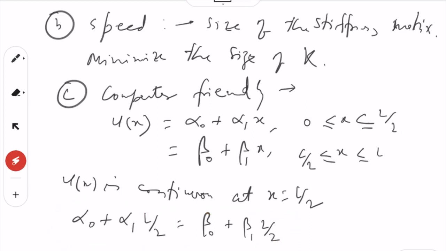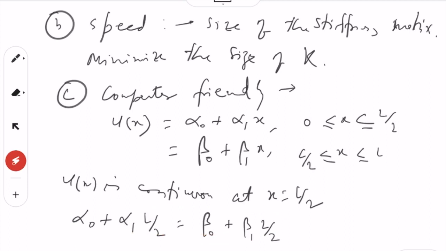So, if you want to do this kind of thing on a computer, it is difficult. Why not have some scheme in which it is automatically guaranteed that the curve, or the piecewise polynomial, is continuous? So that we do not have this kind of restriction to check.